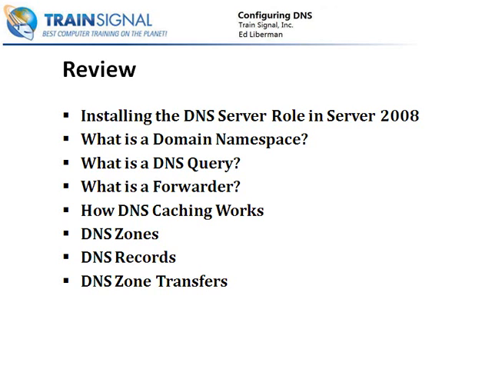Took a look at forwarding, whether it be forwarding out to root hints, standard forwarders, or conditional forwarders. We saw how DNS caching works on both clients and servers, and we even set up a DNS caching only server. We looked at the different DNS zones, primary and secondary. We took a look at the stub zone, and we also saw that we could have Active Directory integrated zones to help eliminate some of the replication traffic that's otherwise created with standard zones.